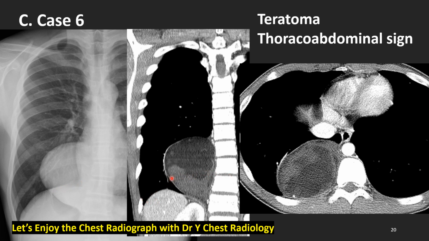That's why the thoraco-abdominal sign is applicable here in a thoracic location, especially posterior location. Diaphragm is here. On this axial CT, it is the usual shape of a paravertebral compartment mediastinal tumor. It was confirmed as teratoma, mature teratoma.